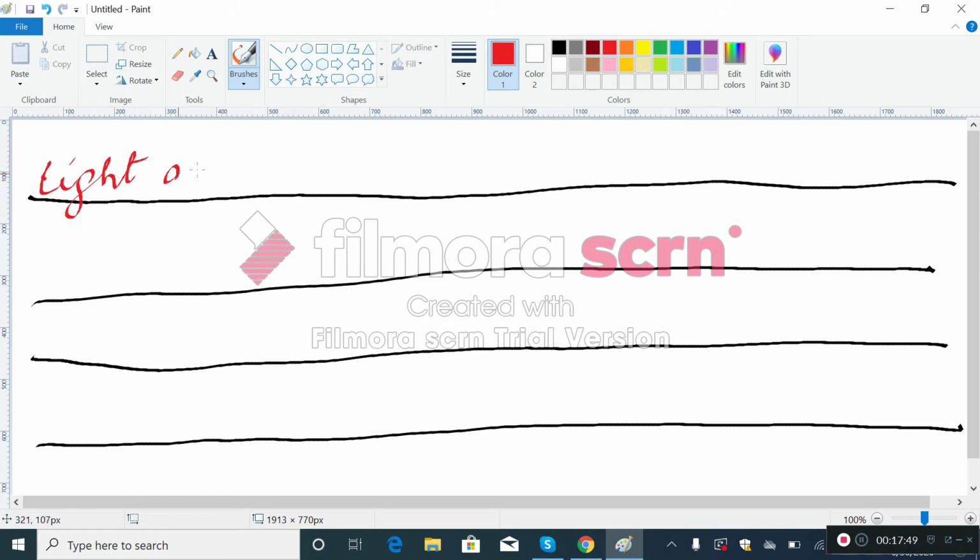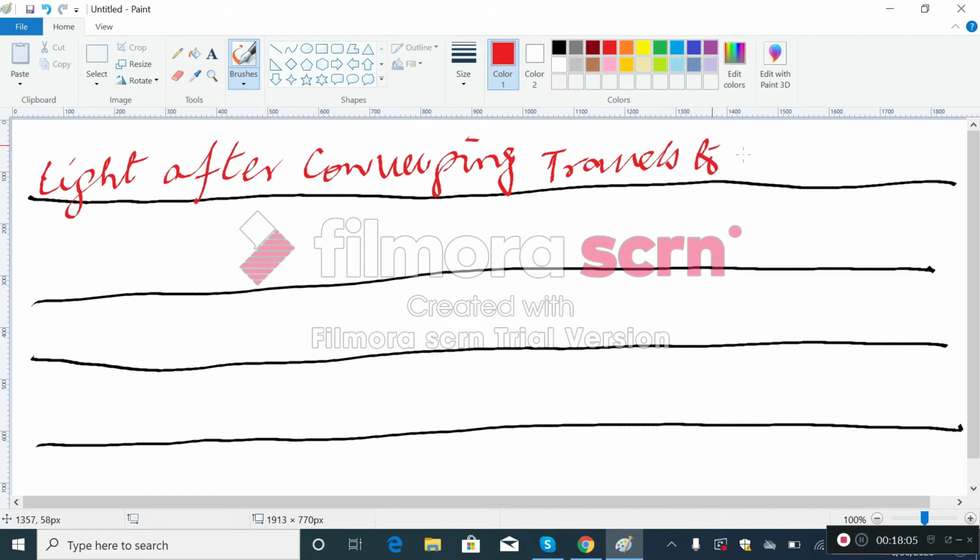Light after converging travels to bacterium. This light will reach the bacterium.